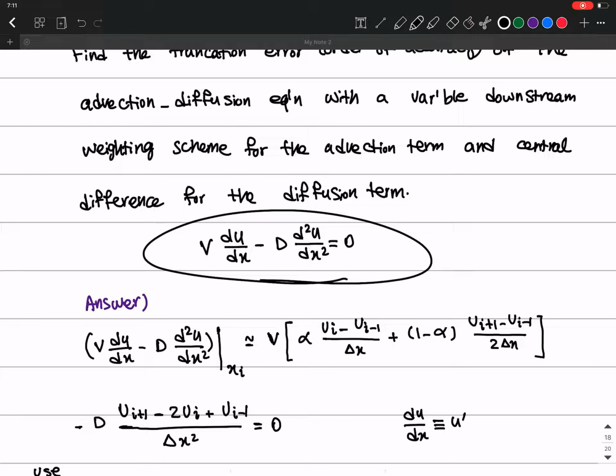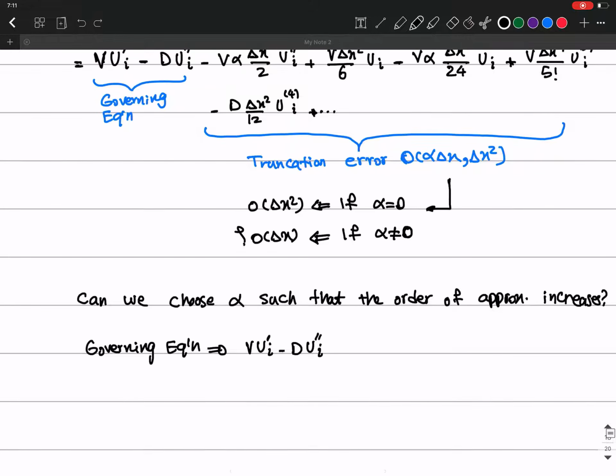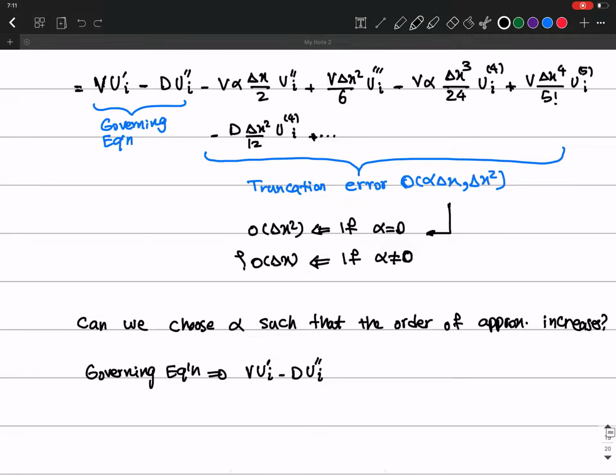Because it is exactly v du over dx minus d squared u over dx squared. So we expect this governing equation to be 0 according to our problem statement.